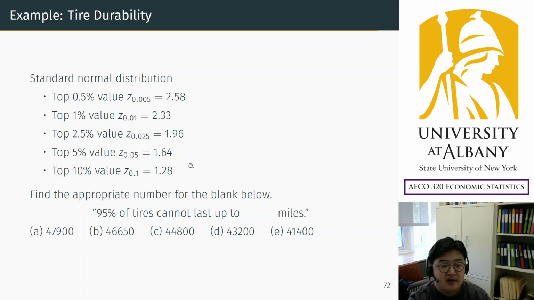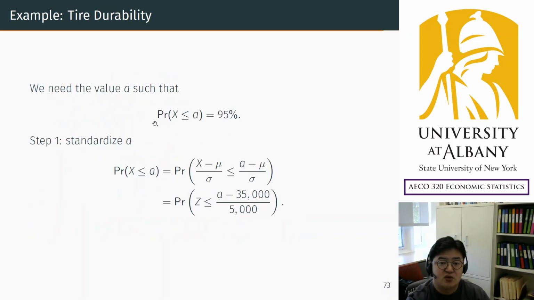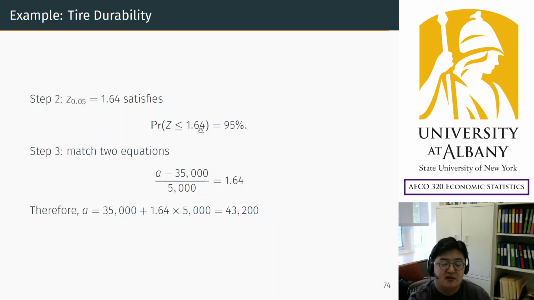plus 1.64. Let me do this mathematically. So this is the equation, the condition we are given, right? The probability a tire does not last longer than A is 95%, right? So below A is 95%. We standardize it first without looking at the right hand side, just the left hand side is standardized. We get this. And the right hand side, we already know it is 1.64 because it's the top 5%, or 95% from the bottom.